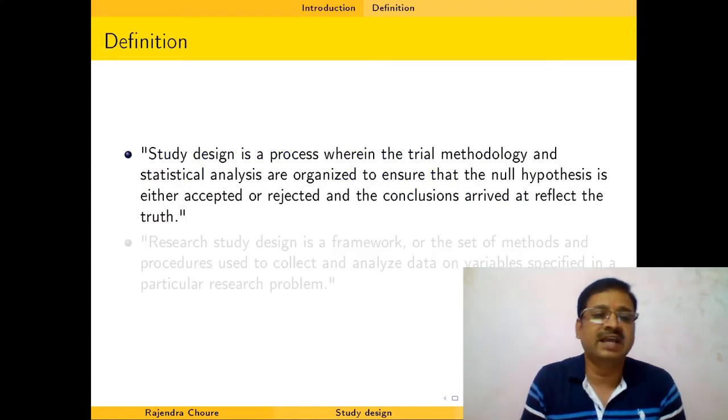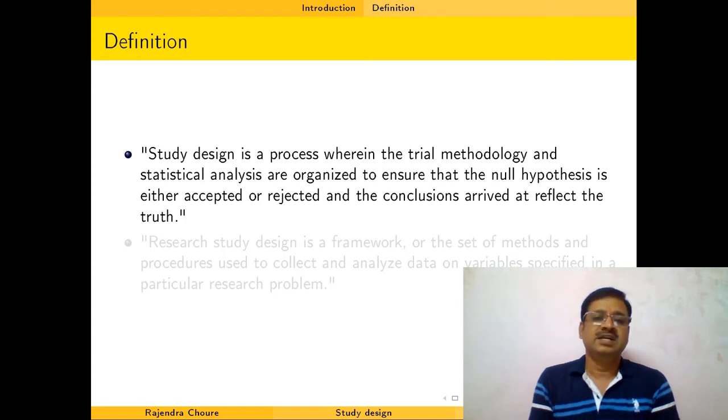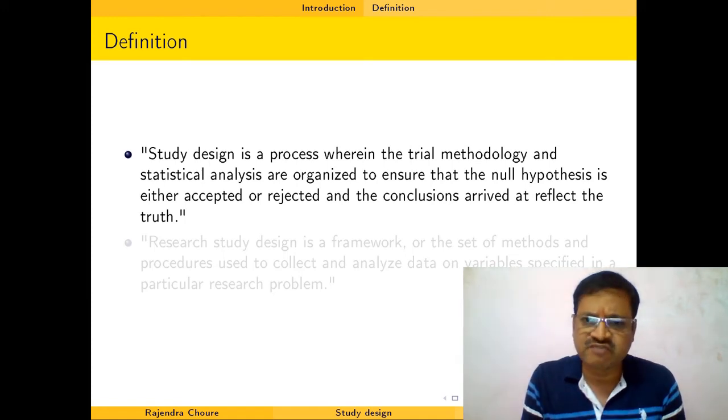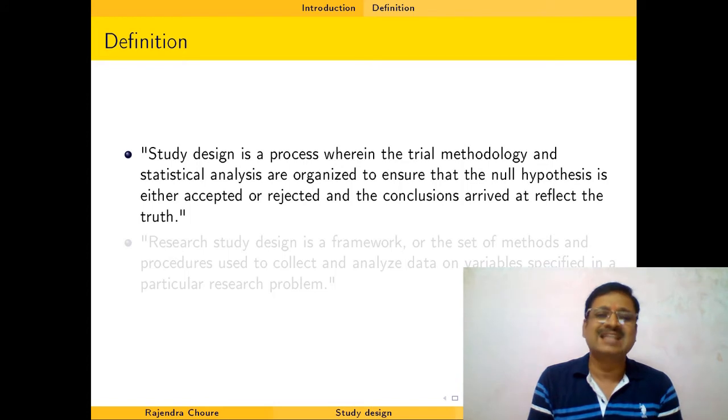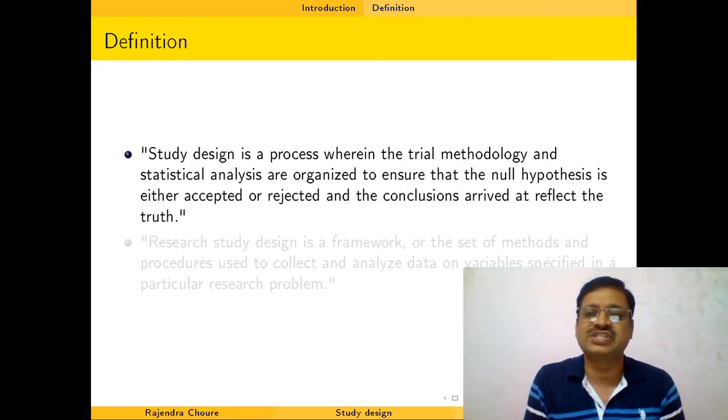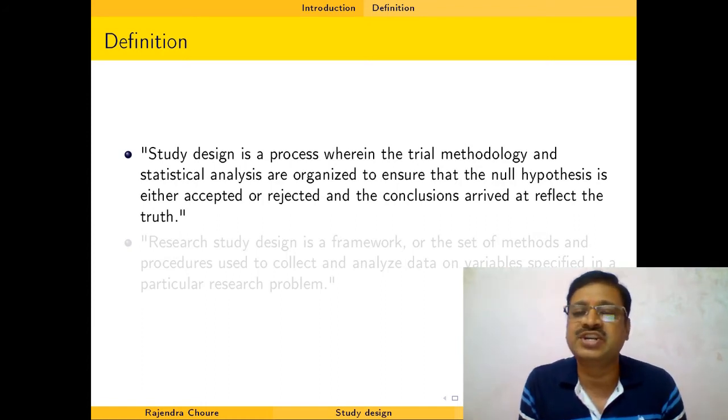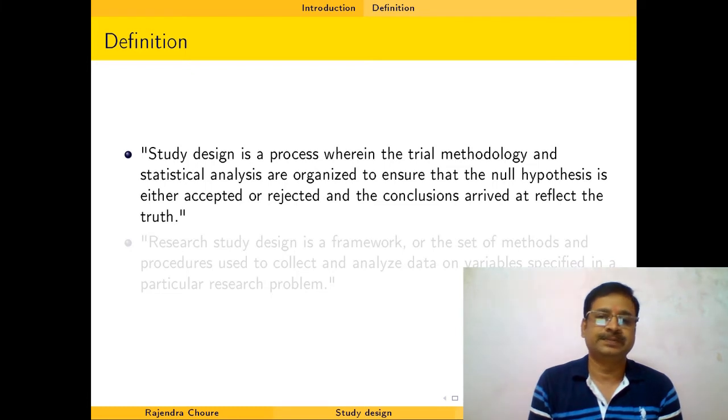And here we are at the definition of study designs. Study design is a process wherein the trial methodology and statistical analysis are organized to ensure that the null hypothesis is either accepted or rejected, and the conclusions arrived at reflect the truth.